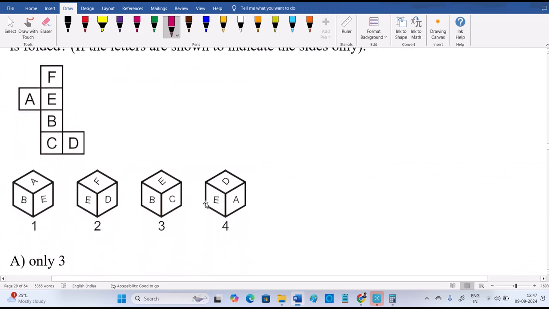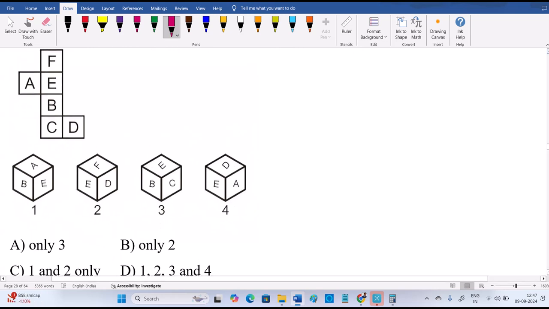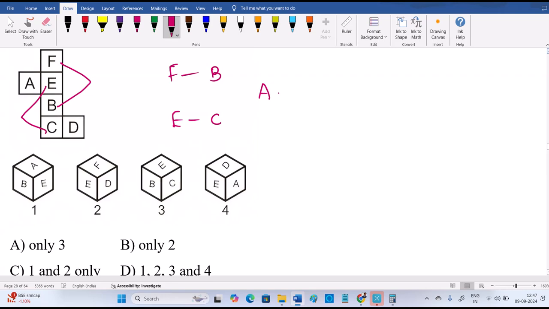Next, this one: which is possible among options. We know cubes and dice, one question. Alternate, vertically or horizontal, alternate or opposite. So F and B are opposite, E and C are opposite, A and D are opposite pairs.